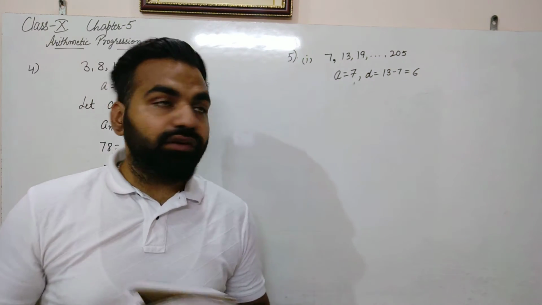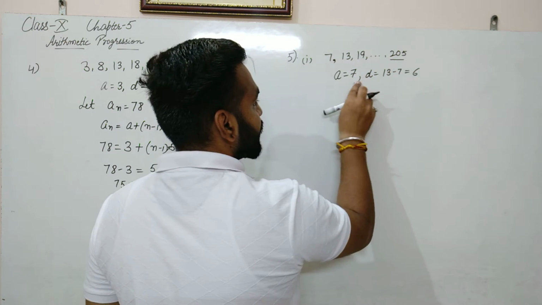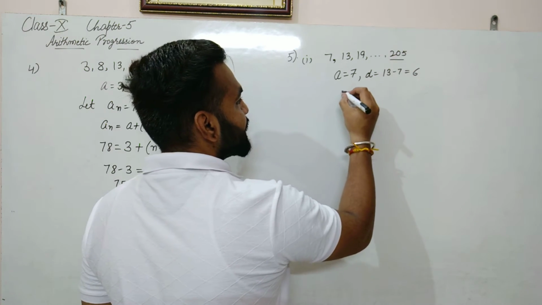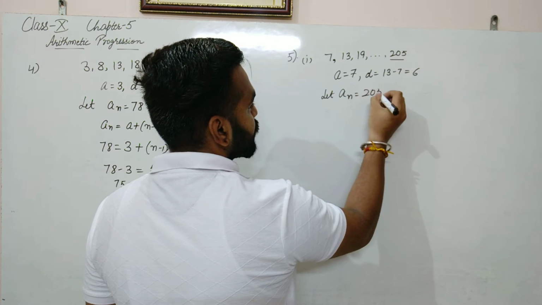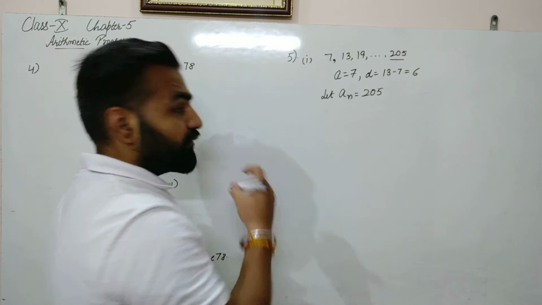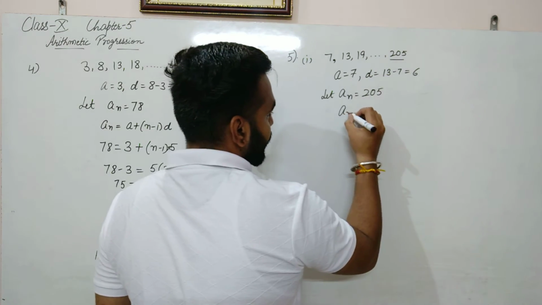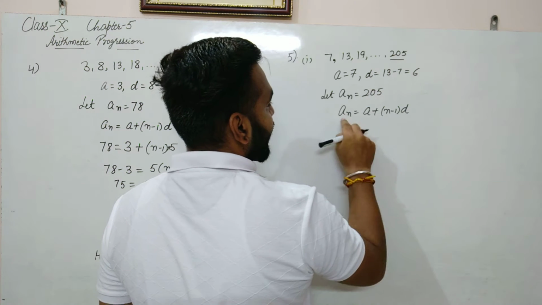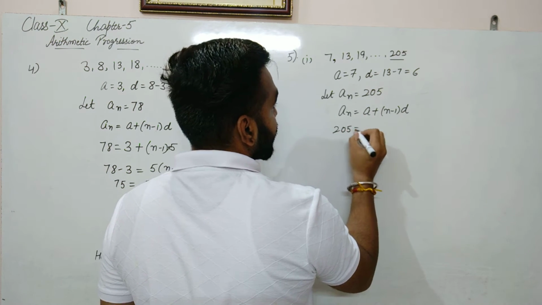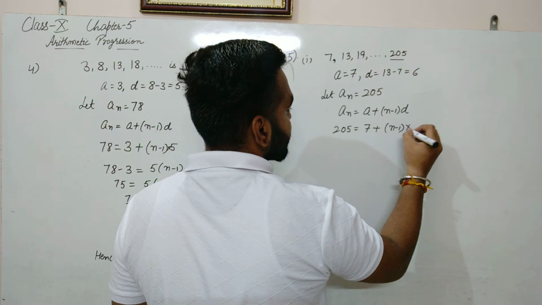To find the value of N, let us suppose this term is at AN, that is, the nth term of the AP is AN. Let AN be equal to 205. Now we will calculate the value of N. Use the formula A plus N minus 1 into D. AN is 205, A is 7, D is 6.